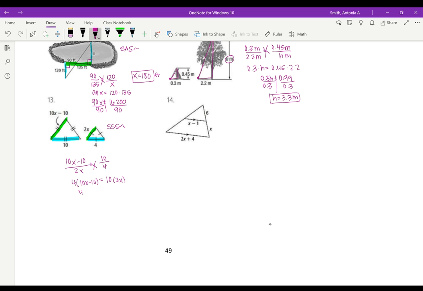Simplify, we have 40x minus 40 is 20x. Get all of our x's on one side. And then divide by negative 20. So we end up with 2 equals x.